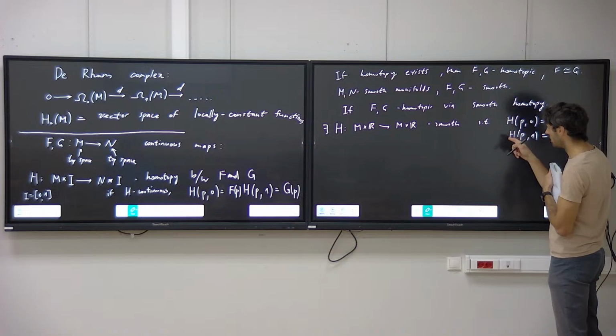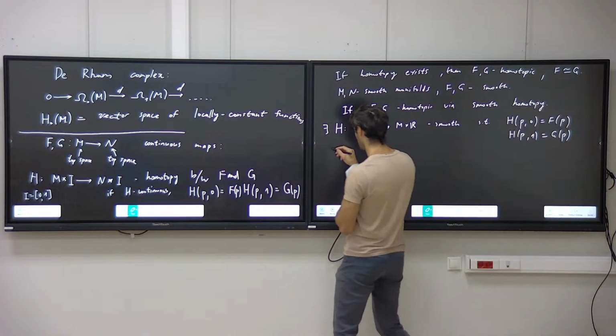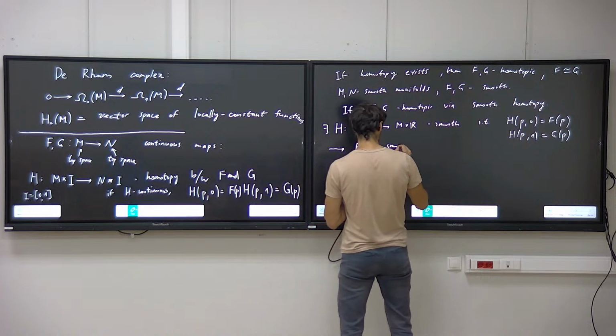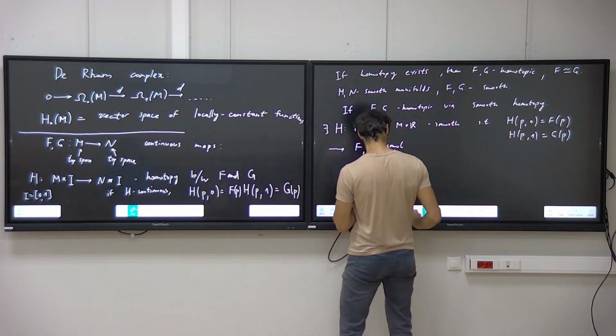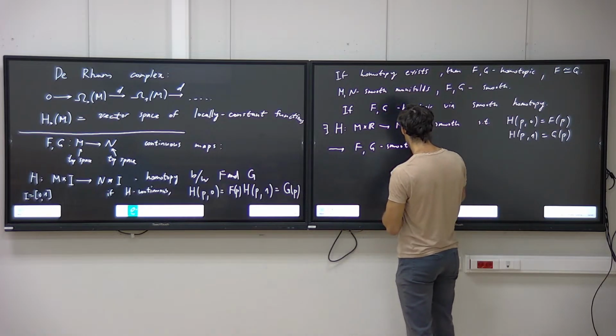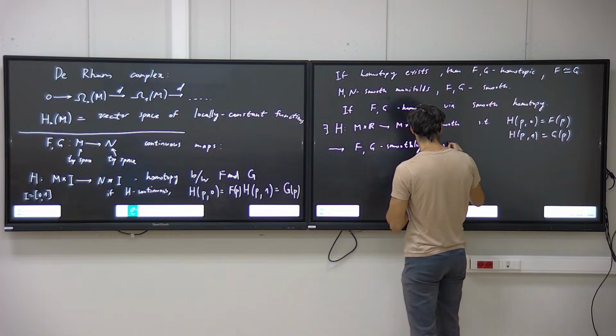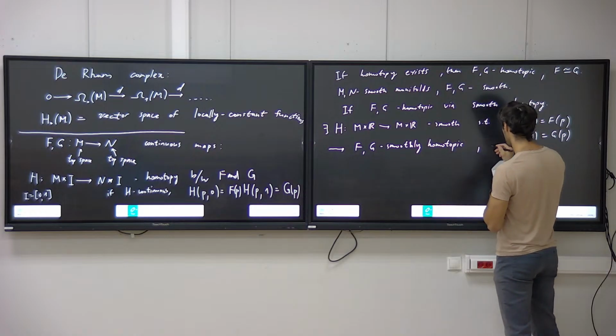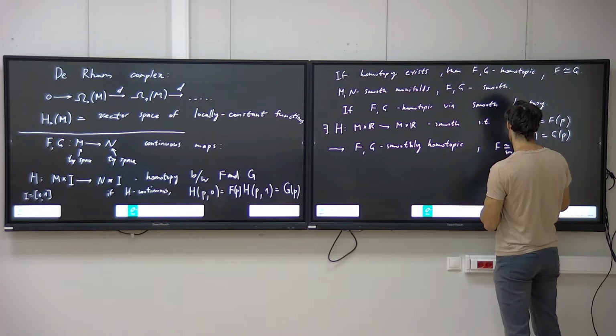Then we say that f and g are smoothly homotopic, and we write such a symbol just to distinguish.